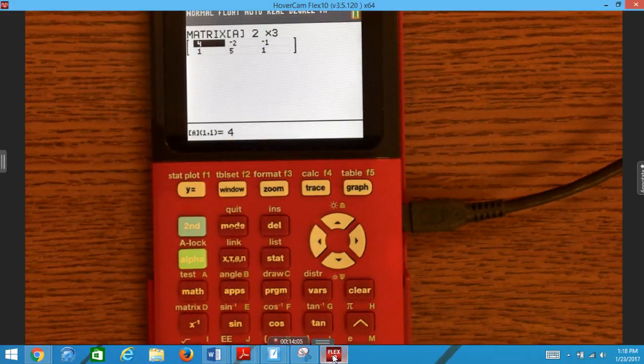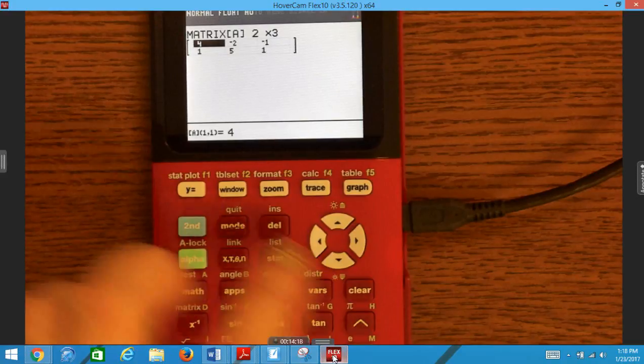Once you have it inputted, you can go to the calculation screen, and then I'm going to write down what we're about to do before I actually do it. But you can go to the calculation screen once you have it put in.